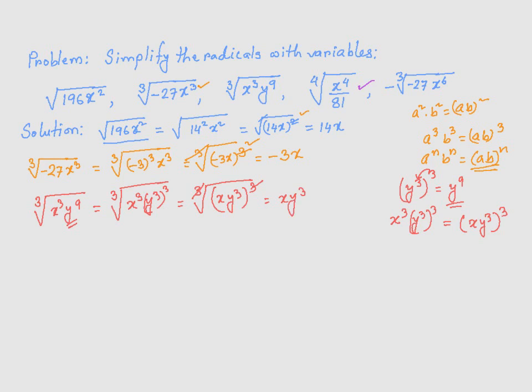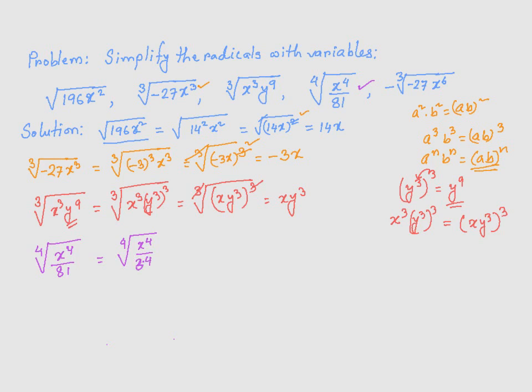Fourth root of x to the power 4 divided by 81. By the way, that's the same as fourth root of x to the power 4 over 3 to the power 4. Remember, 3 to the power 4 is 81.